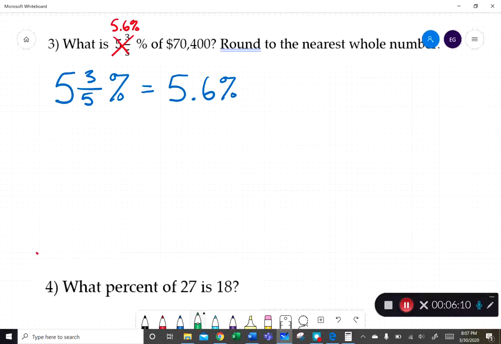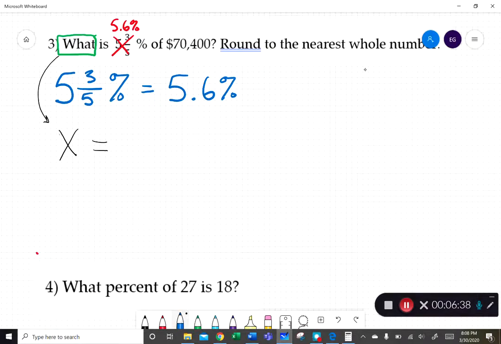All right. So again, what? Well, what? That's the unknown here. So it's basically saying what number is 5.6% of 70,400? So for the what, we'll call that x. Is, that's our equal sign. So what is 5.6%?